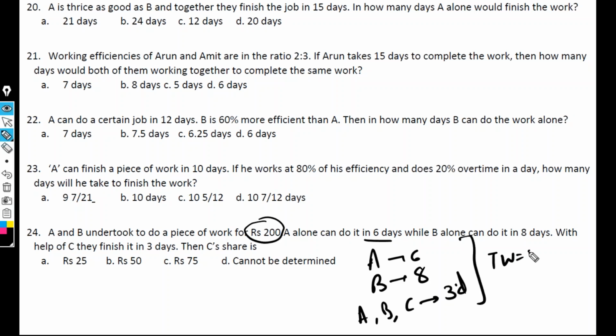So total work comes out to be 24 units, which means A can do 4 units in 1 day, B can do 3 units in 1 day, and when they are working together, they can do 8 units in 1 day. So out of 8 units, A and B have done a total of 7 units. So C must have done the remaining 1 unit of work. I hope this part is clear, everyone.